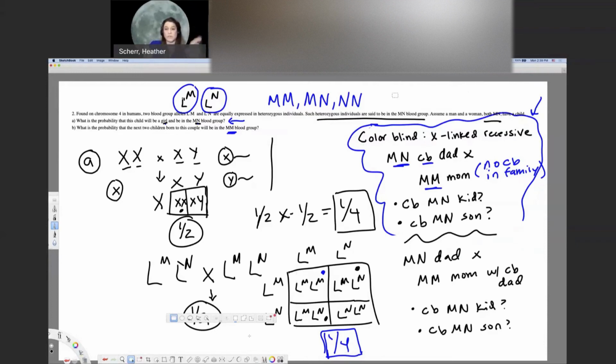Now, if I ask you what's the probability the next kid is a girl that's colorblind or a girl that's MN, that's the 1/4. So each individual birth, because it's the same eggs and sperm proportions, has the same probability. If I ask you what's the probability that 3 or 4 different events happen, then you multiply those together. Does that make sense? That's a good question.